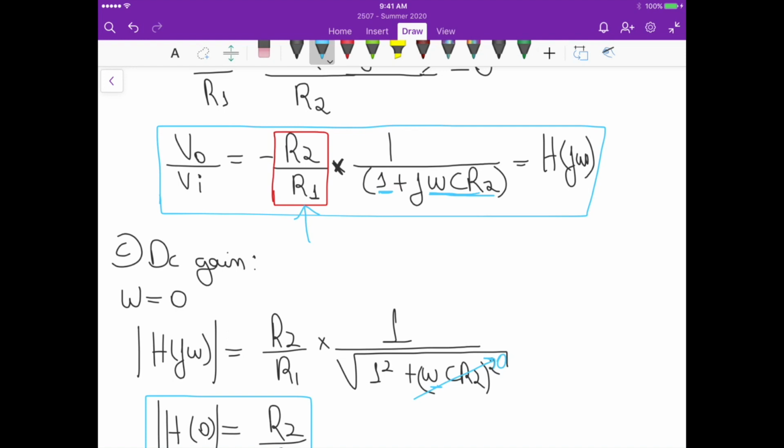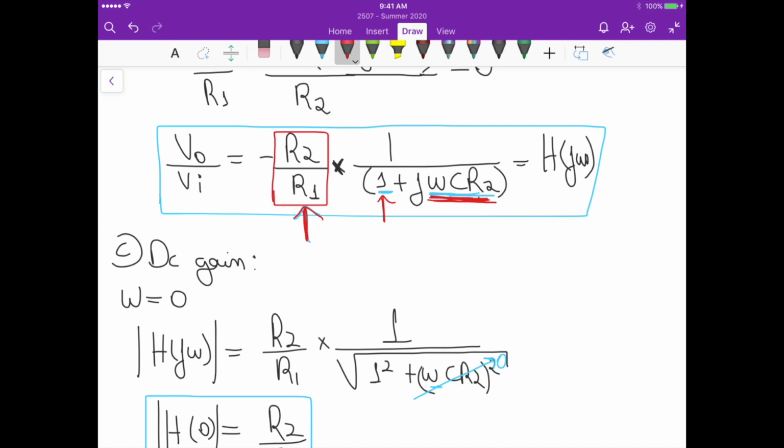So this is a fixed gain at low frequencies. You will see it on the Bode plot in the final part of this problem. But if you keep increasing the frequency, eventually this term here becomes more relevant than this one, and then the voltage transfer function starts to decrease. Remember, the term R2 over R1 stays constant throughout the frequency range, but this term depends on the frequency, increases, and eventually the ratio 1 divided by j times something very high starts to decrease the magnitude of our gain, right?